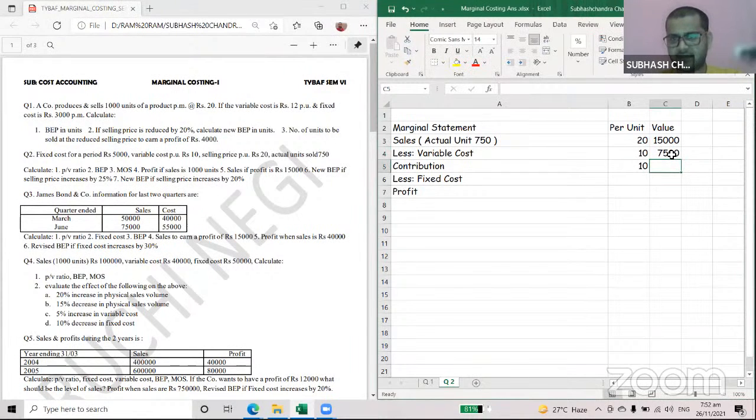So this will give this much. Contribution will be this minus this, 7,500. And now here I want fixed cost in amount only. So 5,000. So my profit will be equal to this minus this. Yes, now I am ready with my profit.